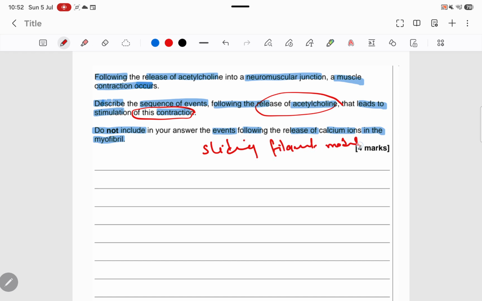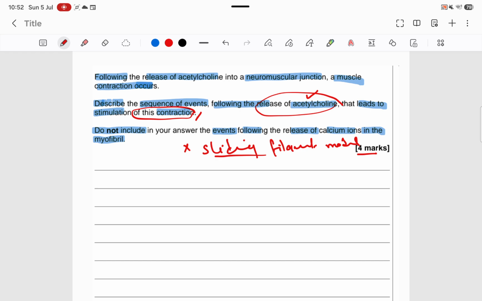This is for the marker. Keep in mind, we need to start from the release of acetylcholine and end at the contraction, but in between skip the sliding filament model.